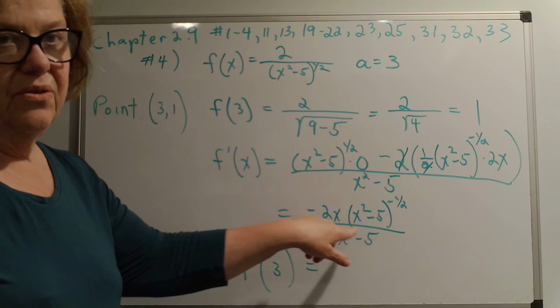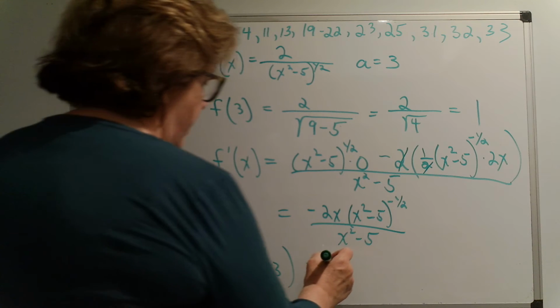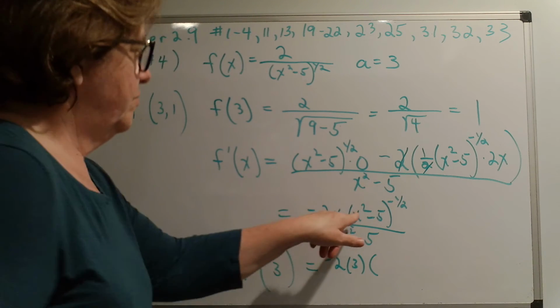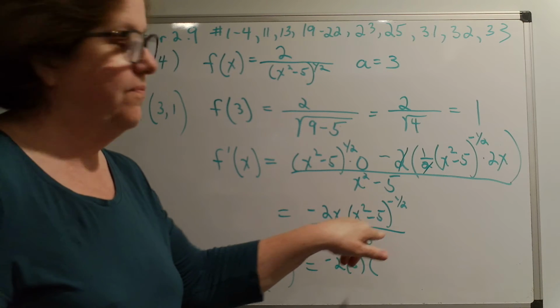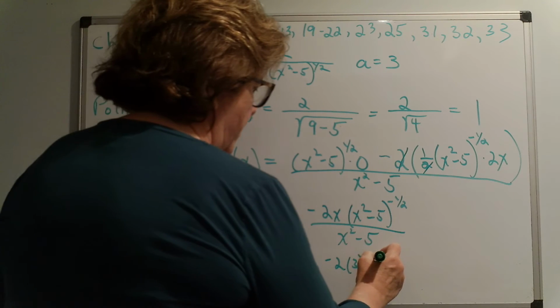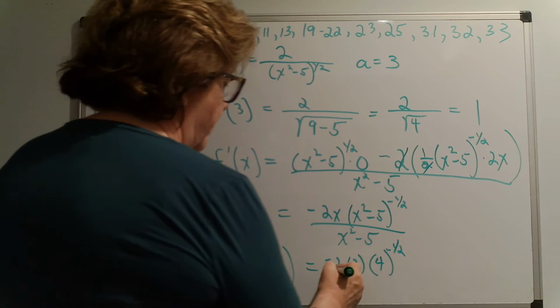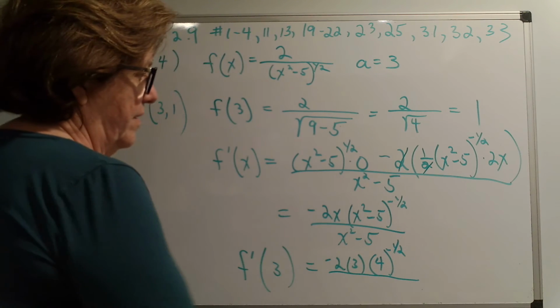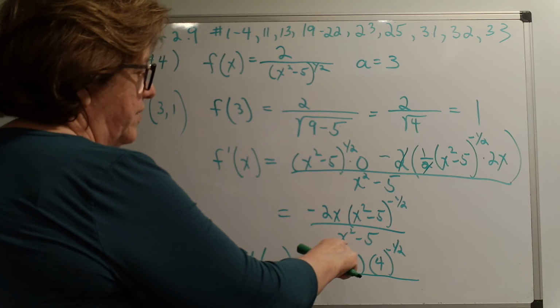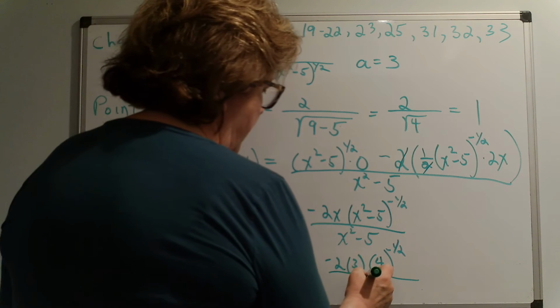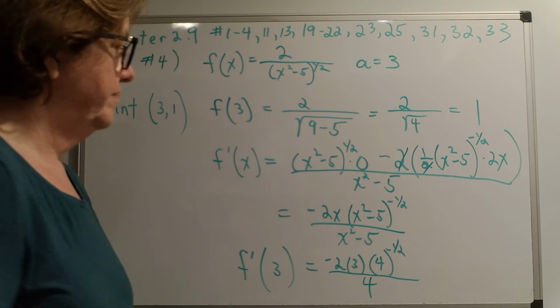So we're going to have negative 2 times 3. 3 squared minus 5 is going to be 4. So that's going to be 4 to the negative 1/2 all over 3 squared minus 5. 9 minus 5 is 4.